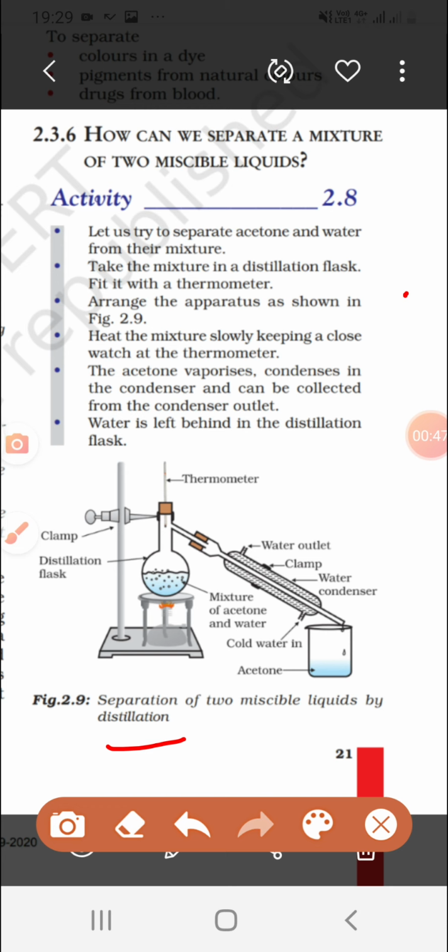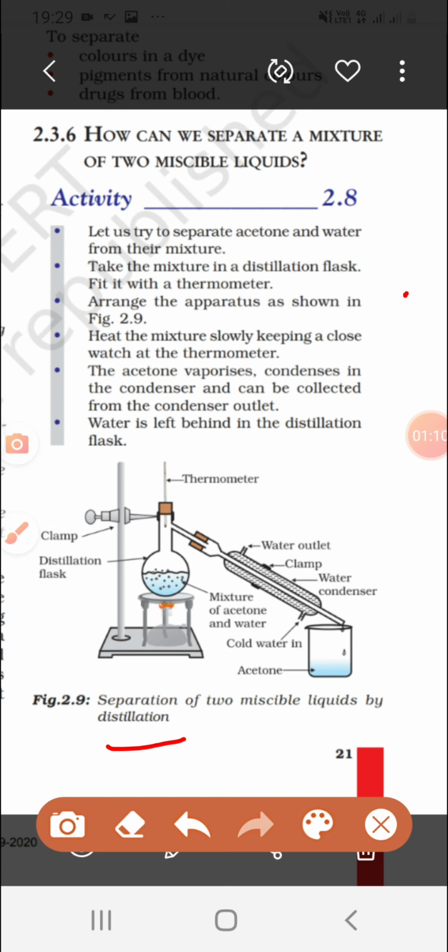If they are present, then we can separate the components of a mixture of two miscible liquids by the method of distillation. In the process of distillation, we convert a liquid into its vapors by heating and the subsequent condensation of the vapors back. Now, how do we do it?